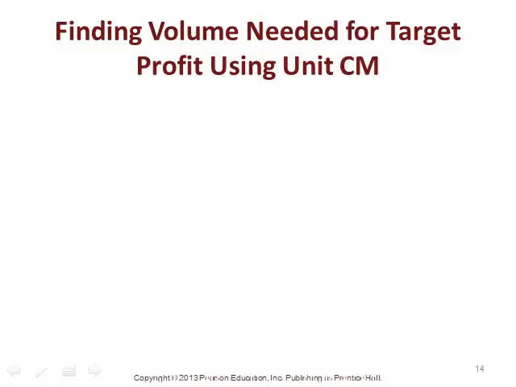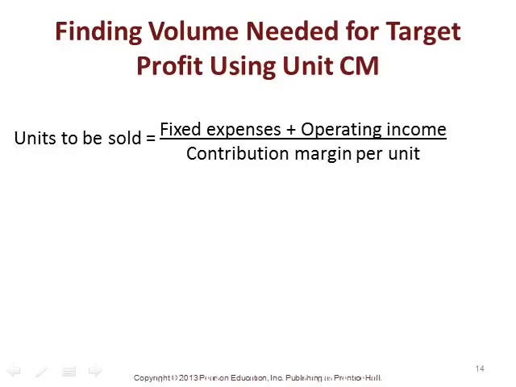So now what we want to do is assume that we want to make a profit. That's a fair assumption, a legitimate concern. So in that case, we want to find the volume that we need, including a target profit using the unit contribution margin. So to do that, we again go back to the units to be sold must equal the fixed expenses plus our operating income divided by the contribution margin per unit.